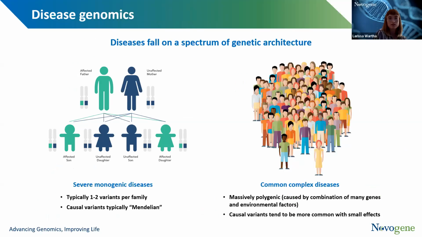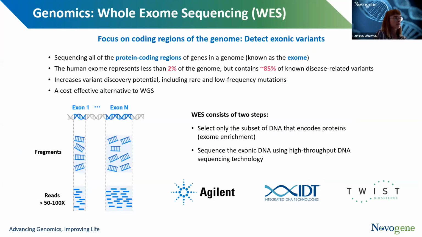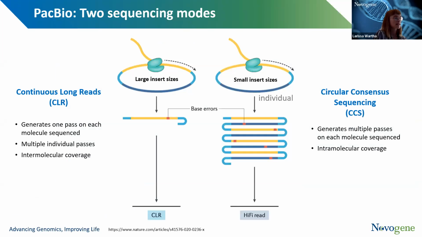Let me just quickly go to that slide again, because it's easier to see. Yeah, so if I understand the question correctly, it is why would we still use CLR mode if it's not really that accurate? Sometimes you can use the CLR mode if you, for example, want to do a de novo assembly, and you want to sequence using short reads, and you just want to use the PacBio to do a hybrid assembly.